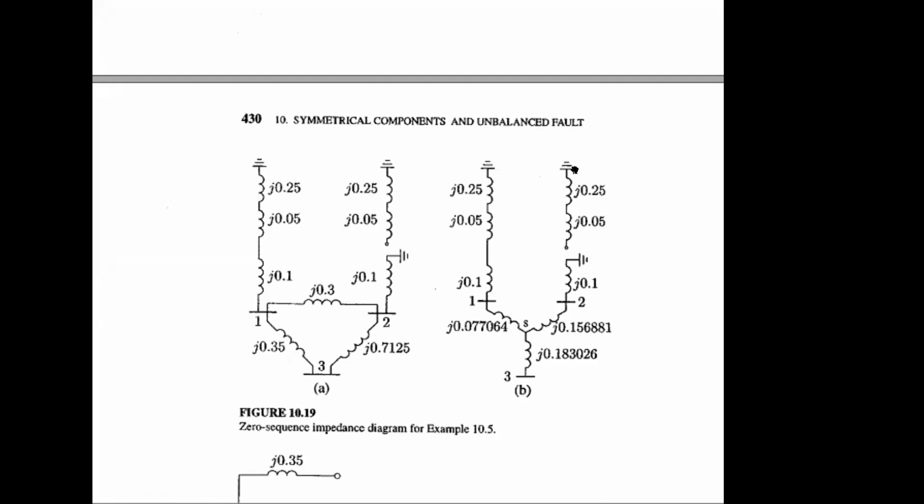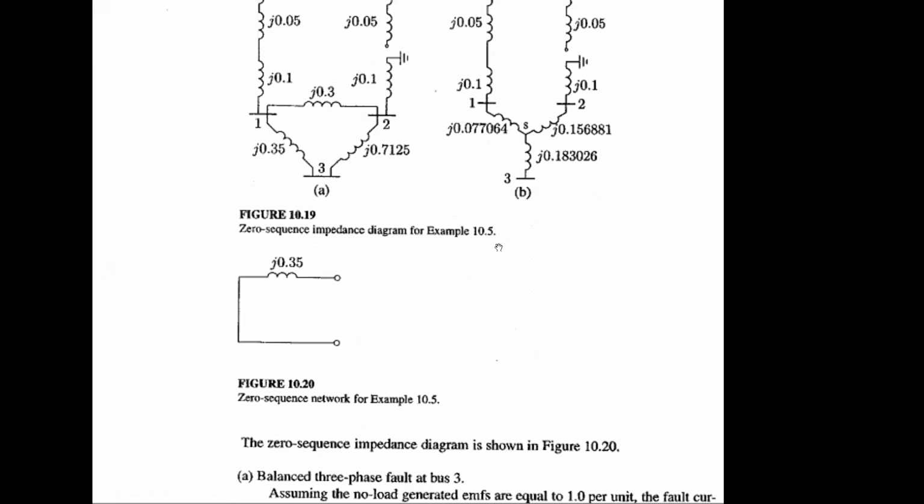Is it there in the connection? This connection is completed through that ground, right? So you have to consider up to this point. This part will be cancelled, or this part is not required for the equivalent circuit or equivalent impedance calculation. So after calculation, you can get the zero sequence impedance as 0.35.